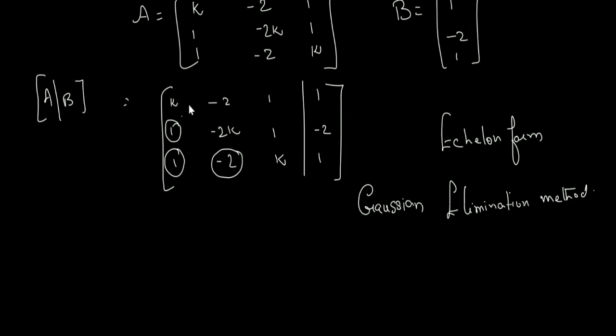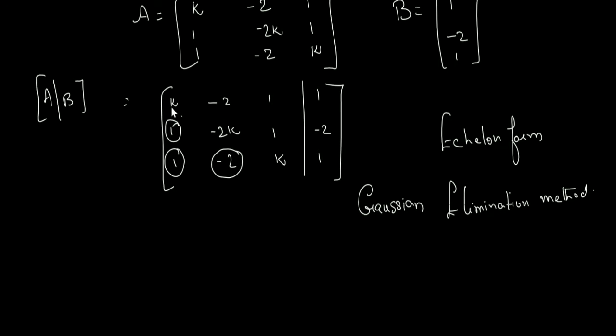So to bring it into the echelon form, the first thing is, in this column just see if you have 1. Yes, you have 1 in 2 places. So you can interchange these two elements. Bring 1 as the first row, first element. Here you have the first row, first element as k.